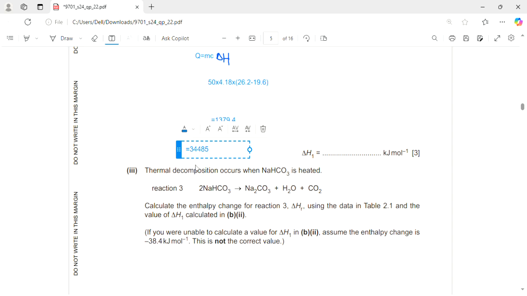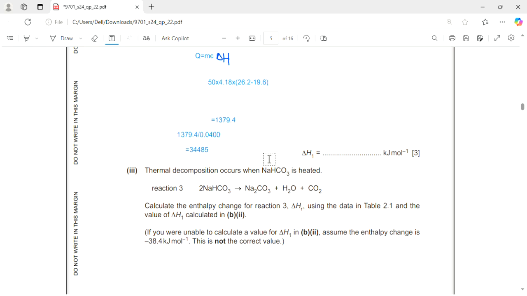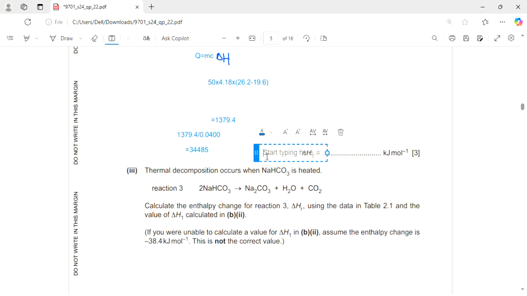So here you can write delta H1 is equal to 34.5 kJ, right? Kilojoules.